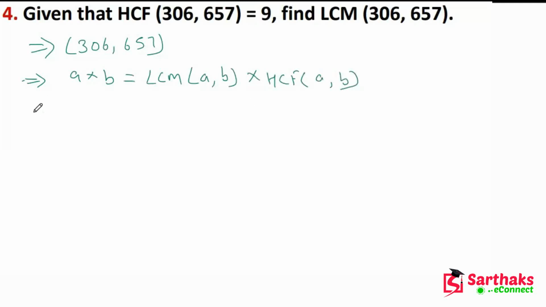Okay, so we have A and B. A is 306 and B is 657. It means 306 multiplied by 657.